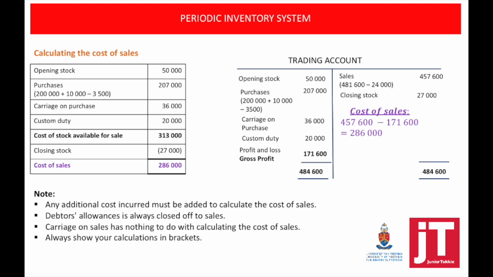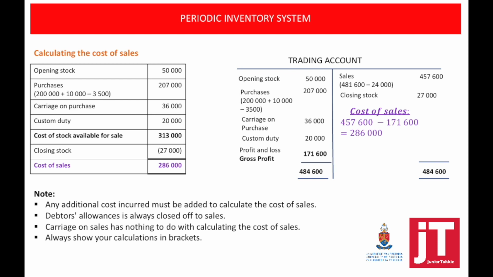You need to know how to calculate your cost of sales using this format, and by calculating it from the trading account. From the trading account, cost of sales can also be calculated by taking your sales minus the gross profit equals cost of sales.